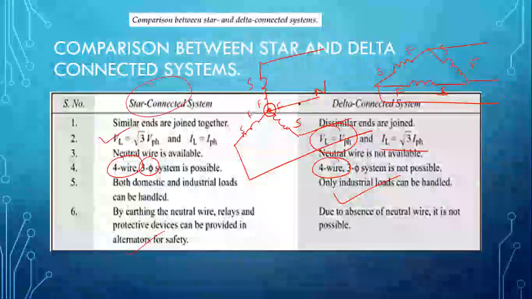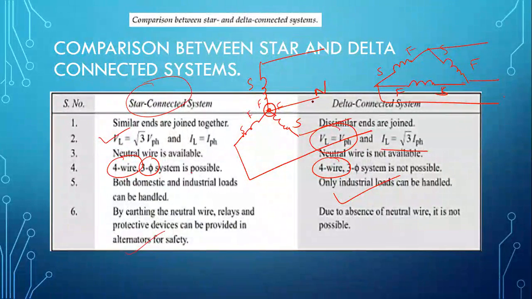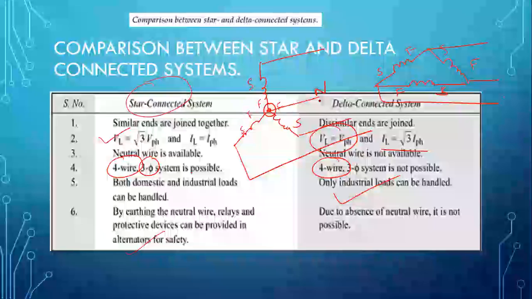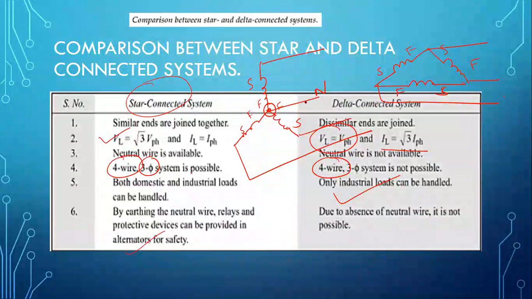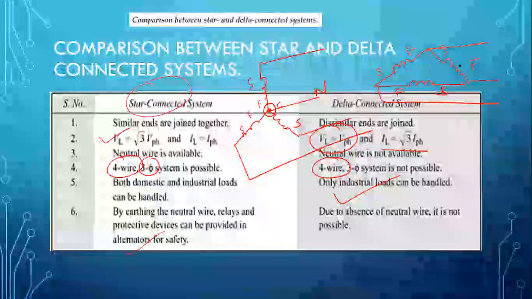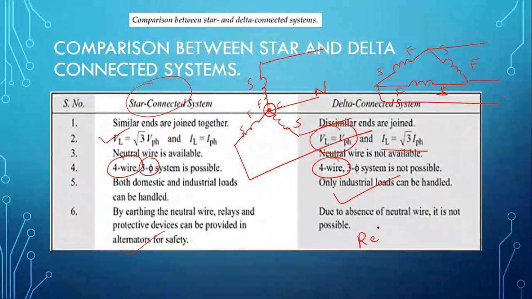So because of this neutral wire, we can provide safety devices or protecting schemes for these connections. Because we can earth this neutral wire. Whereas in this case, we don't have a neutral wire, so we cannot use a relay. Actually, this is a protecting scheme, relay or any protecting device, in case of a delta connected system.